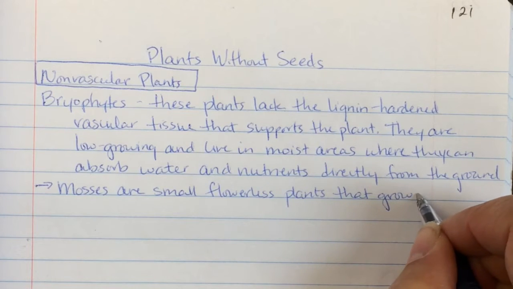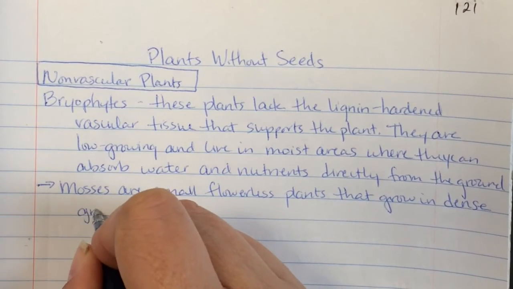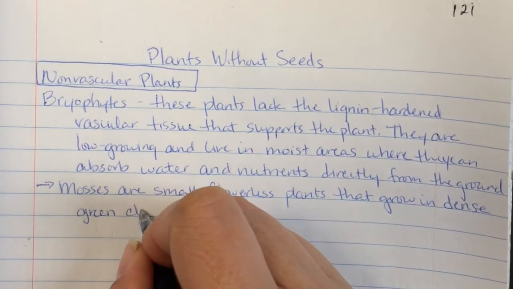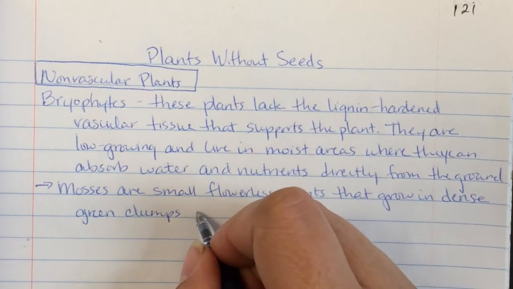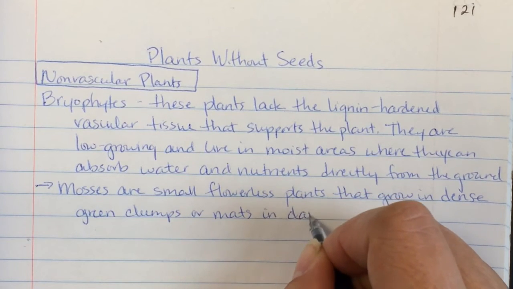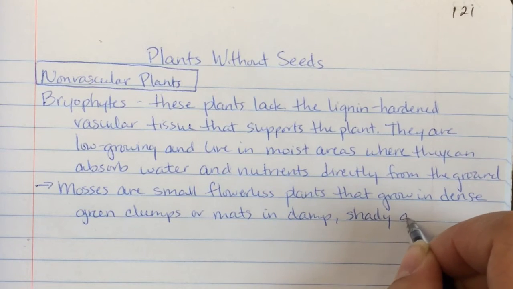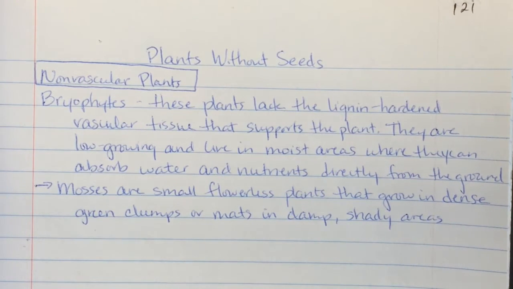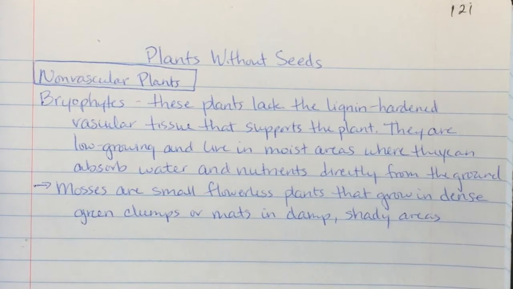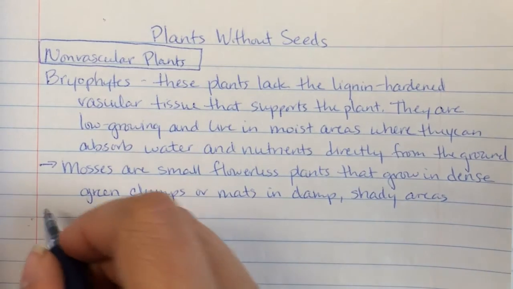And they grow in dense green clumps or mats in damp, shady areas. If you're thinking of a medieval forest type, or the Northeast, you'll see these big green areas that are just gorgeous, or like they're hanging off of trees, these clumps of green. Those are generally going to be mosses.